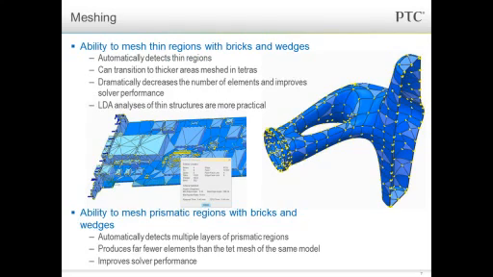Okay, so this will dramatically reduce the number of elements in the model rather than having tetrahedron elements mesh the model. And because the number of elements is less, it is directly proportional to the solving time and the amount of time it takes to solve.